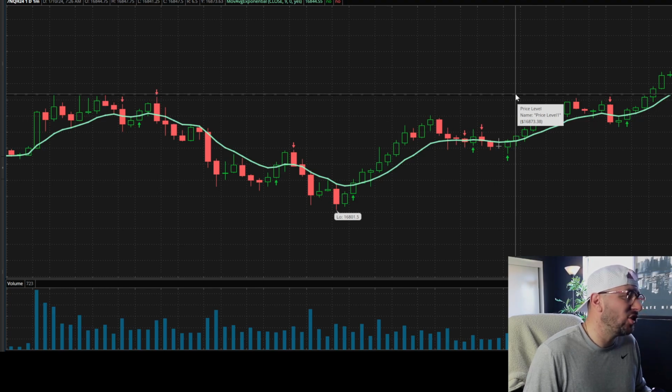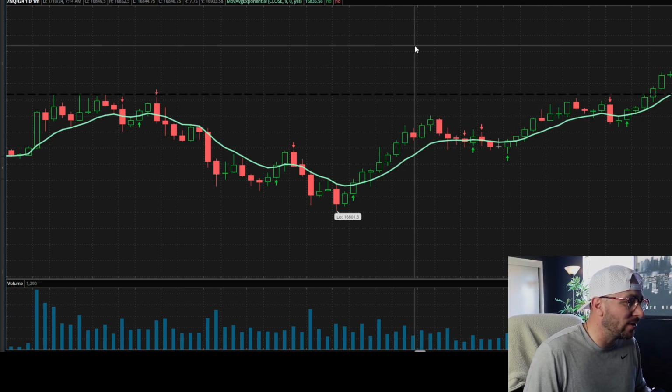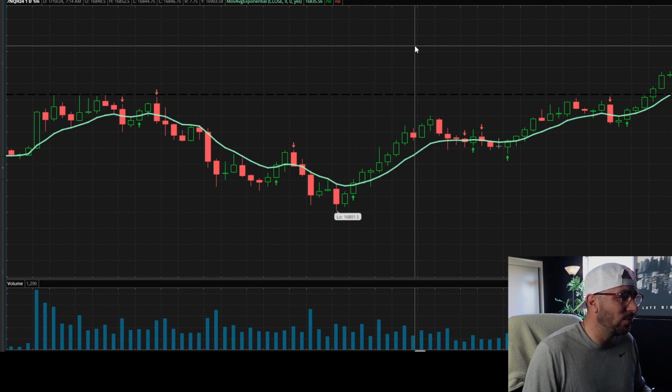This strategy using the 1 minute time frame and the 9 EMA is going to trigger, meaning it is going to give you a reason to enter the trade, when we close below the 9 EMA or we close over the 9 EMA.